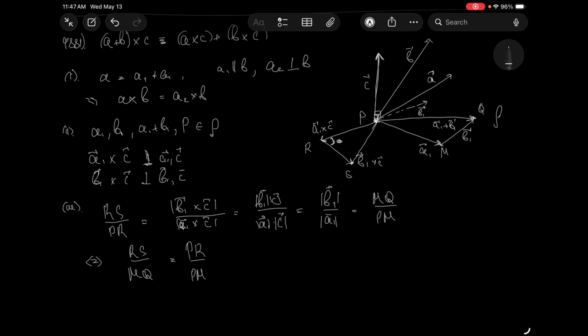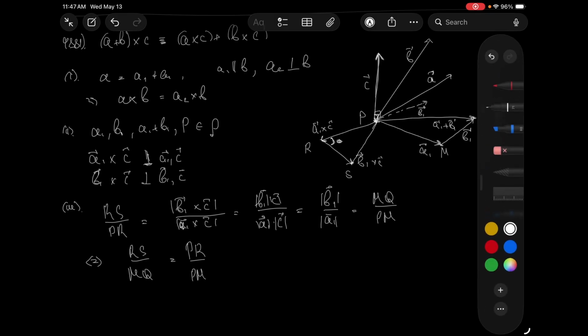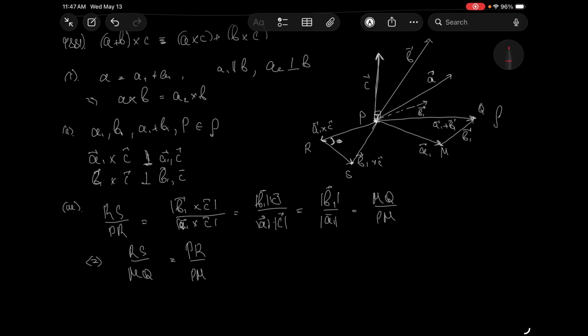So by rotation by 90 degrees, we can show that this angle RPS, I think so, RPS should be equal to MPQ, because we are rotating them by 90 degrees, right?